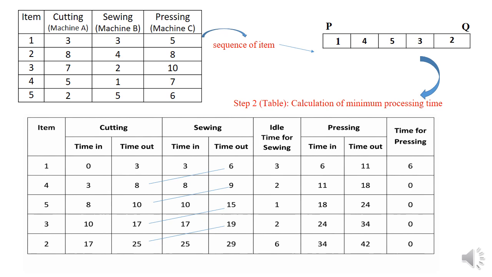The time in of item 4 in sewing machine is 8, though the time out of the previous item in sewing machine was 6. Also we can apply such a strategy: that means this time out and this time out, we will take the larger of the two.